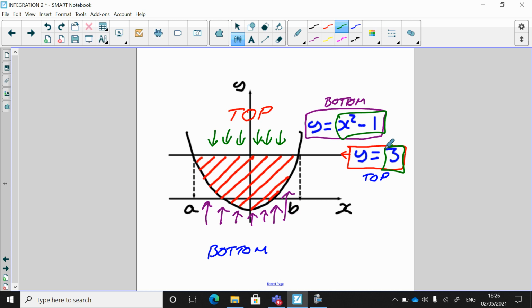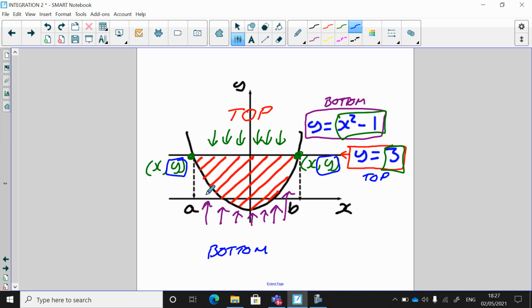So x squared take away 1 is equal to 3, because here the line meets the curve, and here they've got coordinates, an x and a y here and an x and a y here. So the thing is, the height is the same here. Why?